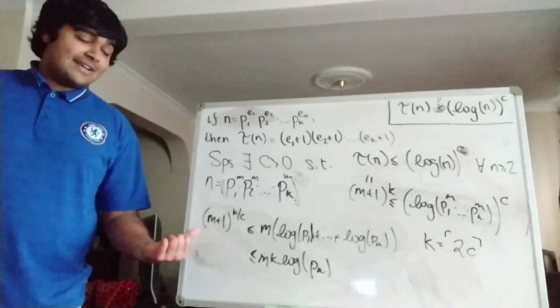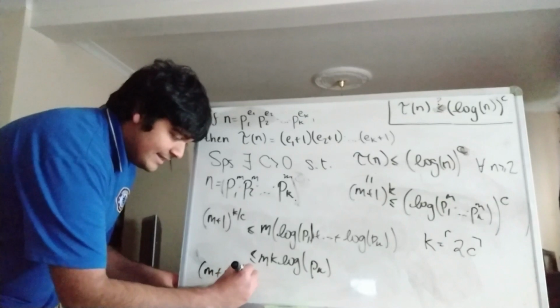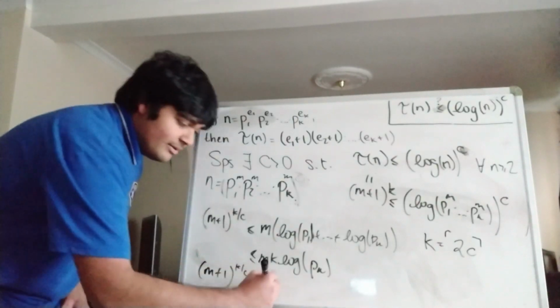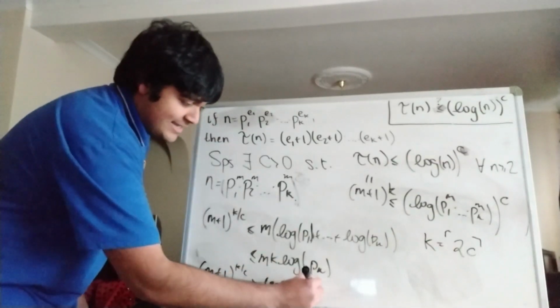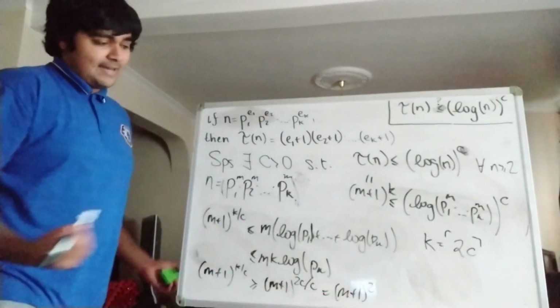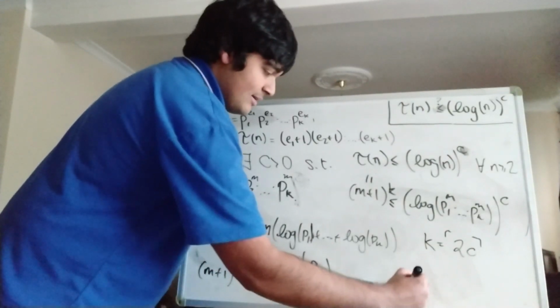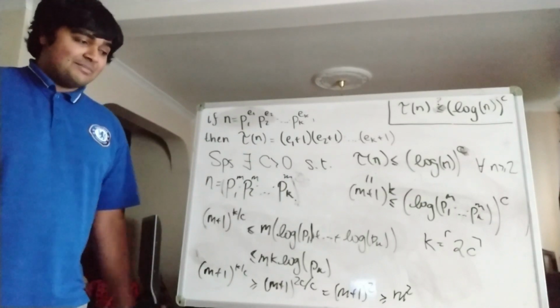So then this left-hand side here, m plus 1 to the k over c, is going to be bigger than or equal to m plus 1 to the 2c over c, which of course is just m plus 1 squared. And I guess we can say that this is bigger than or equal to m squared. So this left-hand side here is bigger than or equal to m squared.